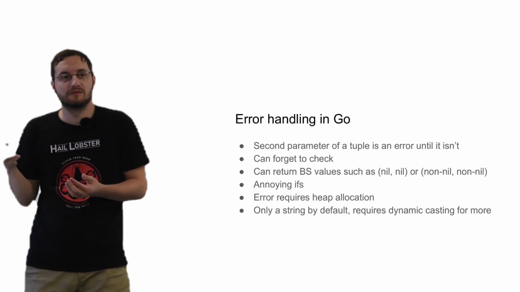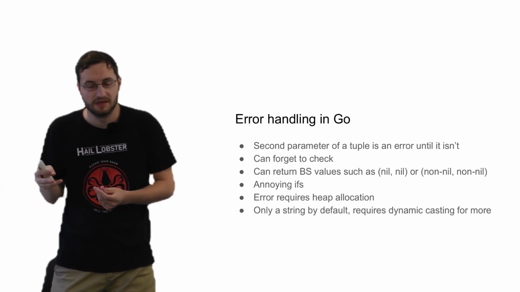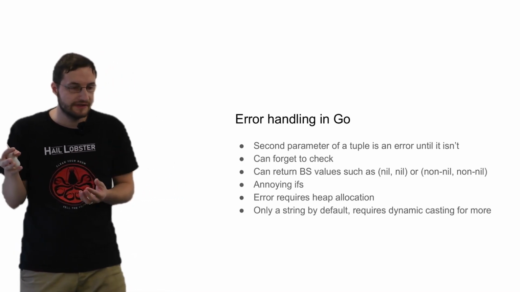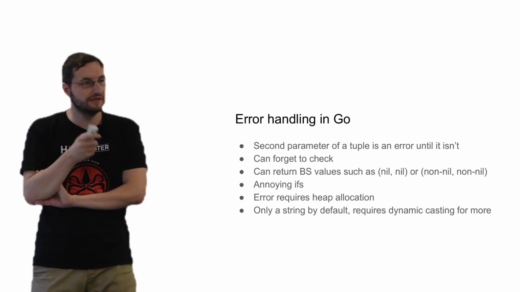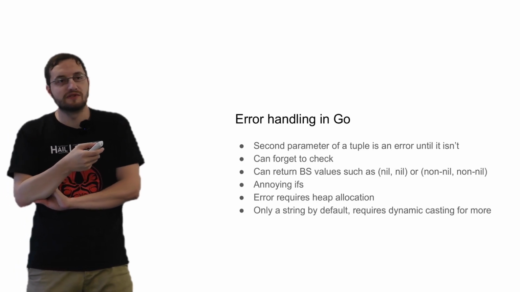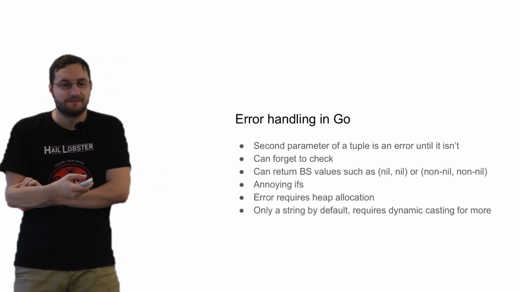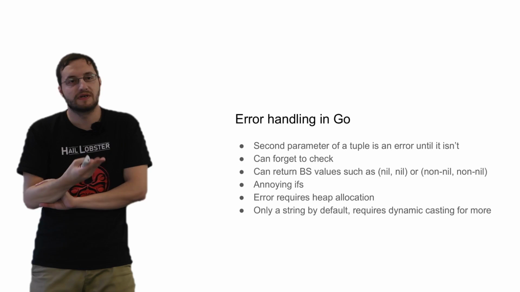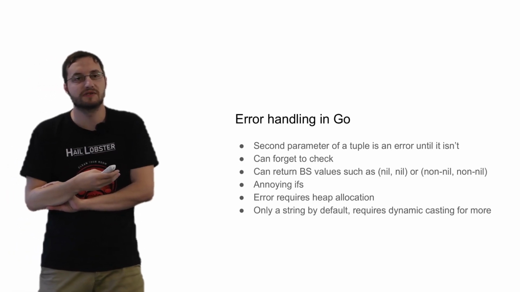And this value gets set to some object that implements some sort of error interface, which immediately implies that all errors need to be allocated on the heap, which is not great for a very similar reason I mentioned in the C++ case.